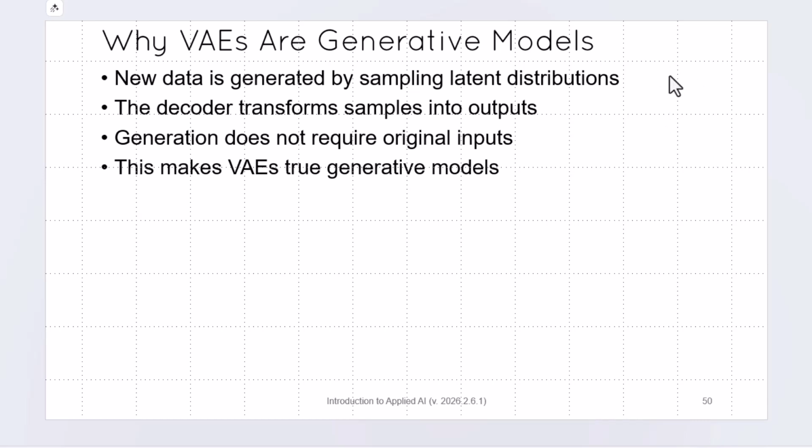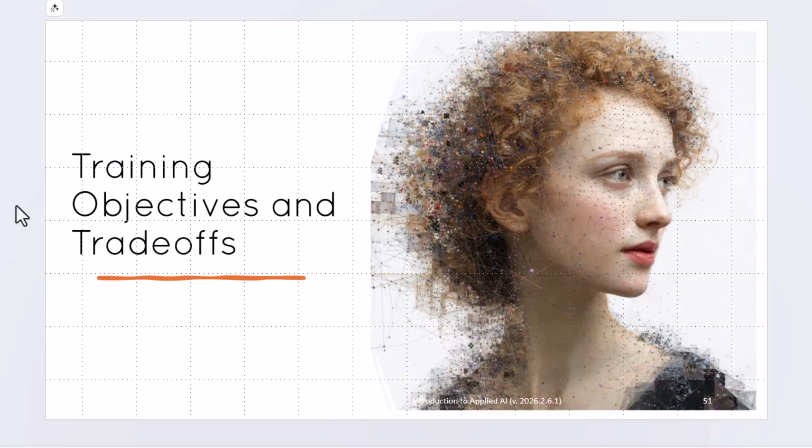New data can be generated by sampling latent distributions. The decoder transforms samples into outputs. The generation process does not require original inputs, and that makes VAEs true generative models. Training objectives and trade-offs up next.